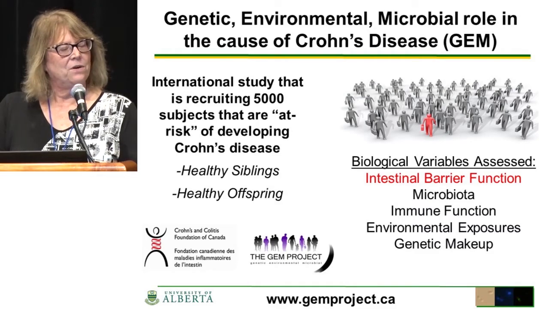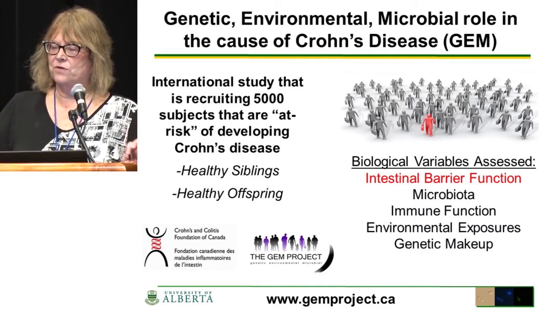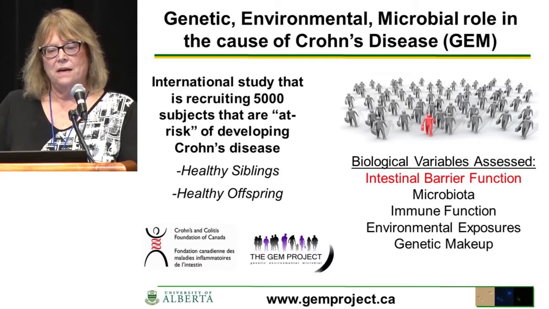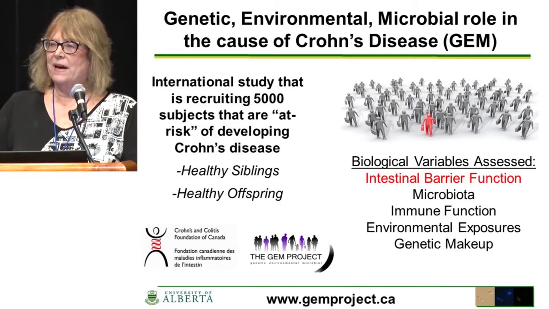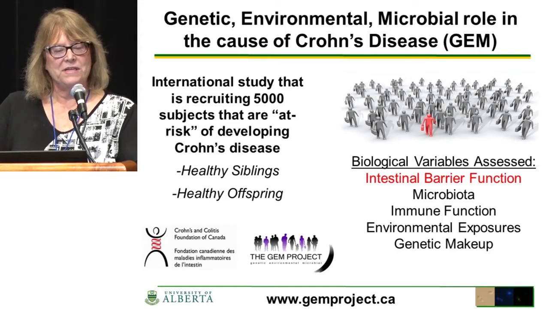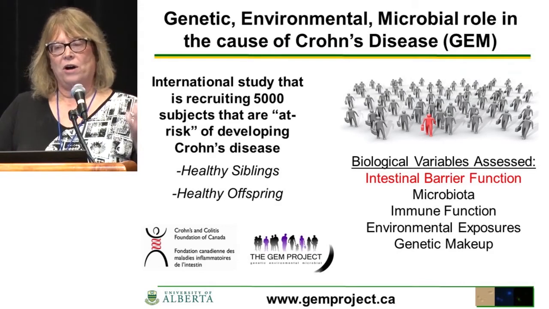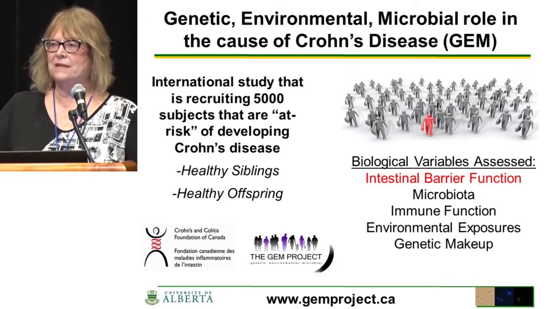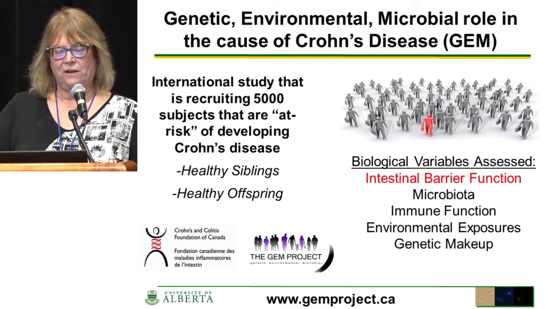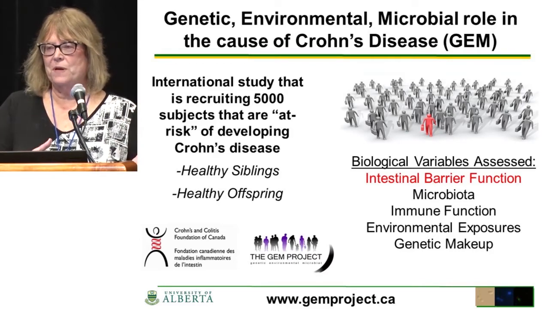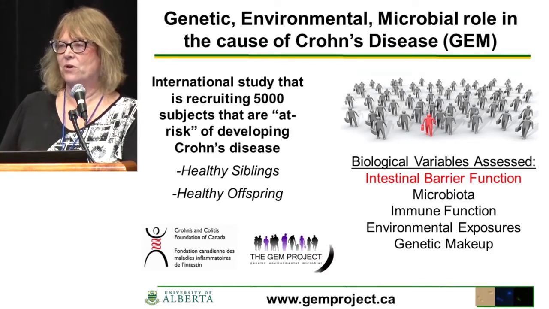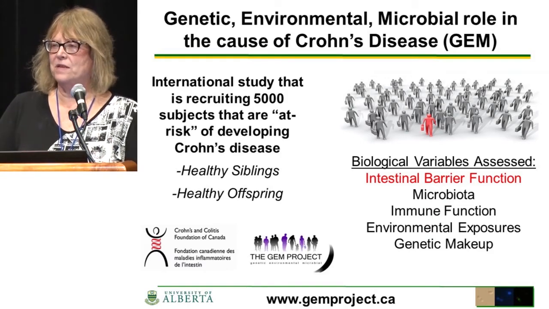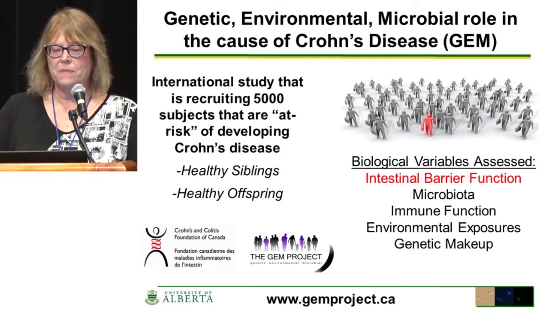So this is running out of Canada. A lot of European countries are contributing, as well as the United States. But we started this back in 2009. And we said, what if we follow offspring or siblings of patients with Crohn's disease and see who develops the disease? And then if we look at what is different about those people compared to the people who don't get disease, maybe we can find what are the factors that predispose to disease.